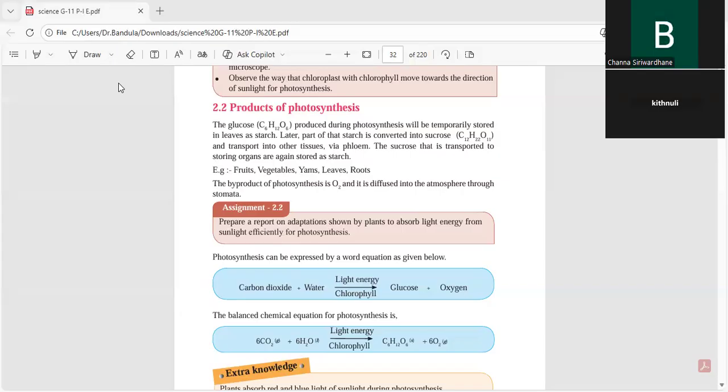Carbon dioxide, carbohydrate. Here we are talking about the product of photosynthesis, right? What is a form of carbohydrate?